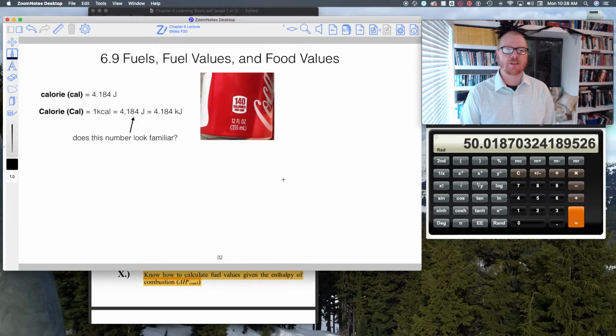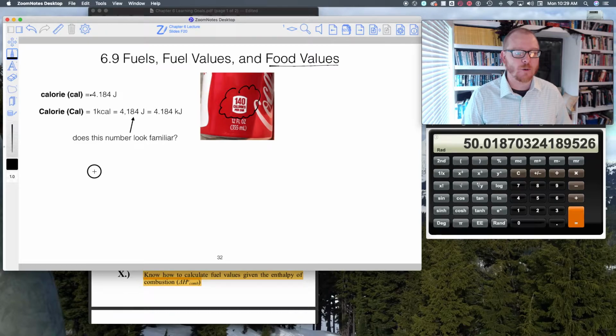And the very last thing I want to talk about, just very, very briefly, food values. Okay, so some of you already knew this, but in case you didn't, this is pretty interesting. So look at this on this can of soda, 140 calories per can. Well, check it out. A calorie is actually a unit of energy. And we have to keep track of this. So cal with a lowercase c is exactly 4.184 joules.